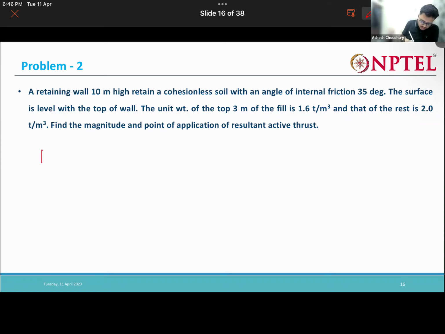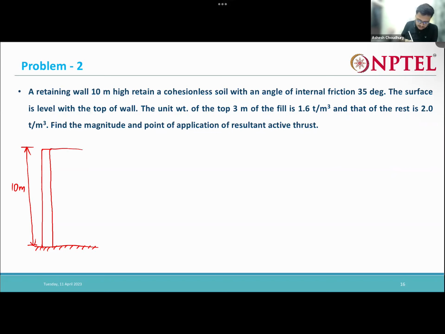So let us first draw this. You have a retaining wall. The height of the retaining wall is 10 meters, and it retains a cohesionless soil, and the surface is level with the top. Okay, so it's level.